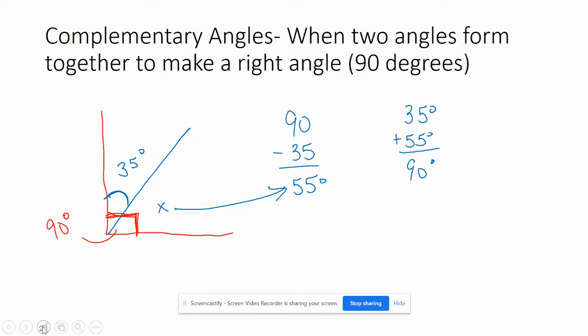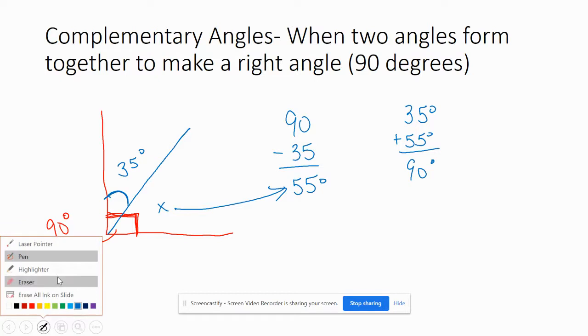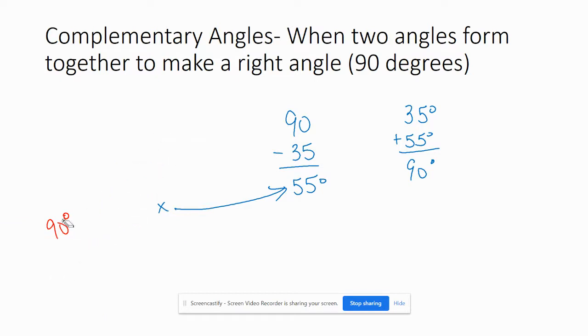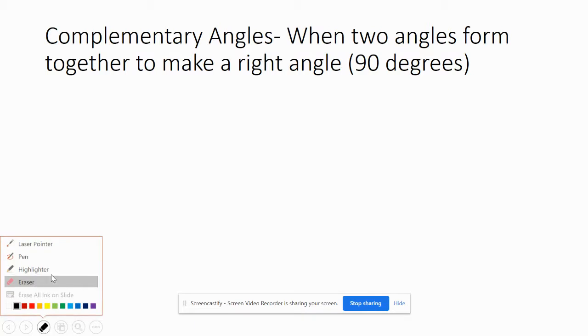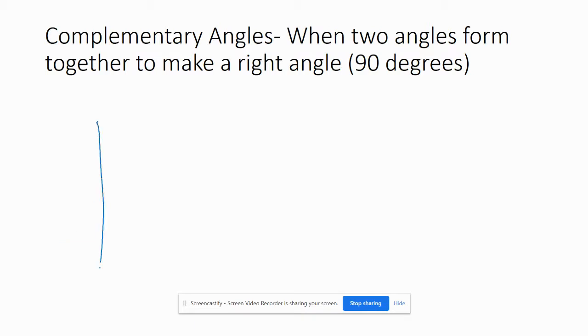Now, sometimes you may have two complementary angles, and one of them may equal something like this. Let me show you real quick. Let me erase all of this. So I have two 90-degree angles, or 90-degree angle, 90-degree angle here, trying to make this straight as possible.